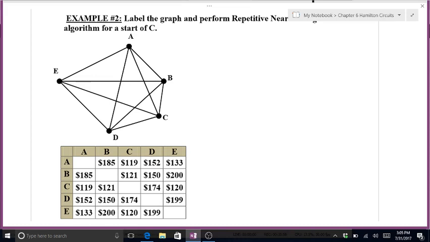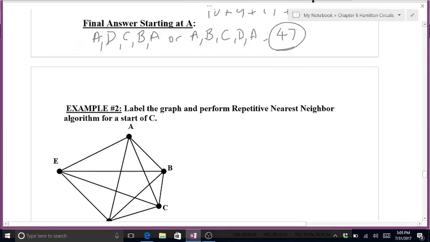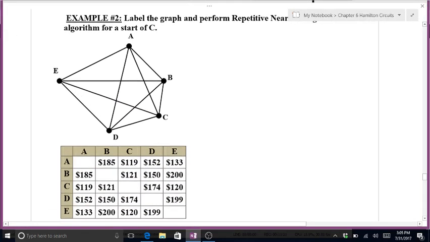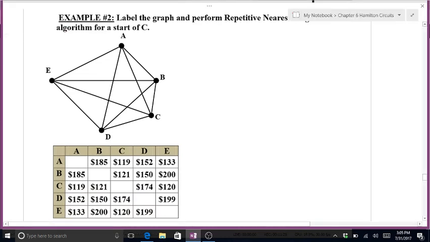So we need to take all of these points from the table and label the graph. So, when we go from A to B, let me go ahead and get my marker back out here. I need it to be up farther. Okay. A to B has a weight of 185.